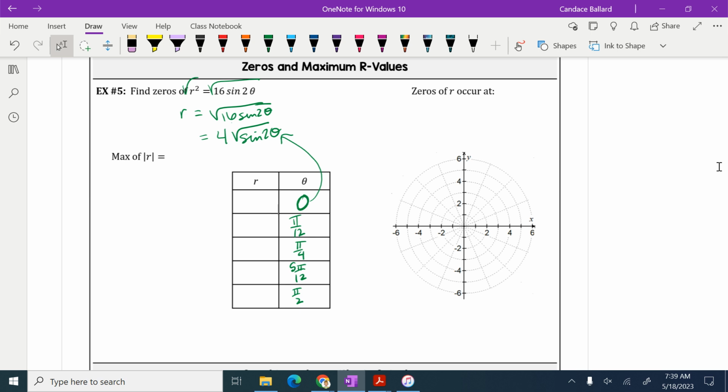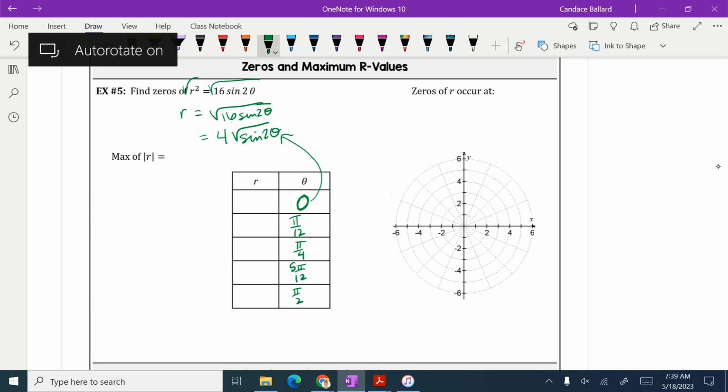Okay, help me out. We're going to write down what the values are. So what did we get? We got 0 for 0, right? Okay, what did we get for the pi over 12? 2.83. Is that it? Did it go beyond that? 2.8 what? 2.828. Okay.